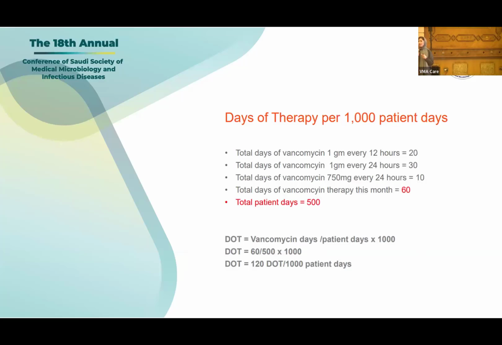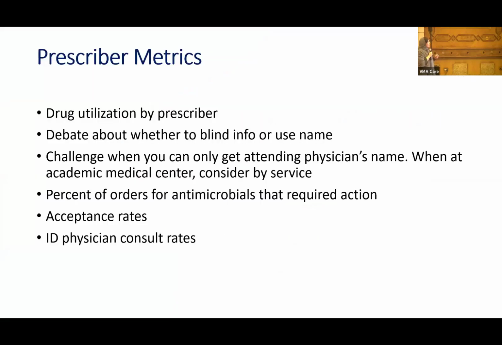Of course, this is something that we usually don't do as stewardship because it's time consuming. However, there is software. This is why I was talking about IT specialists being with you to help you in calculating these DOTs.